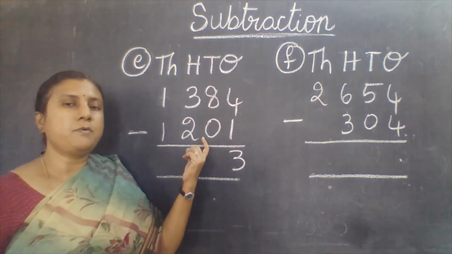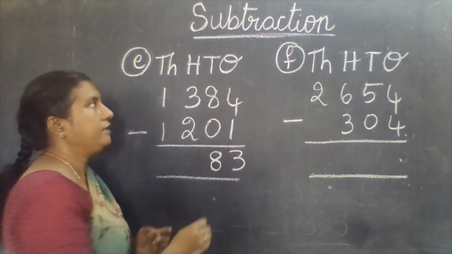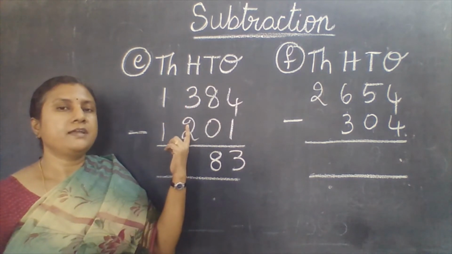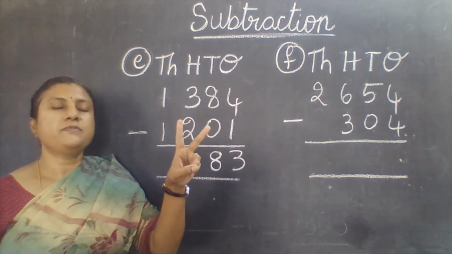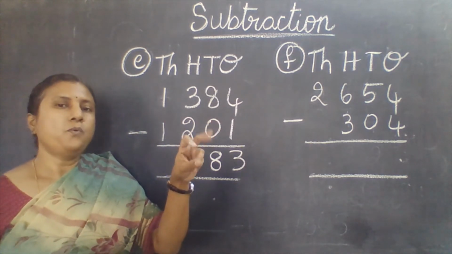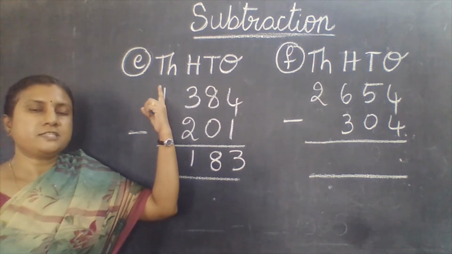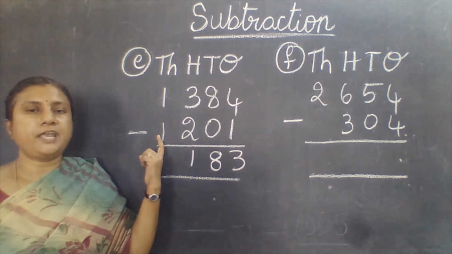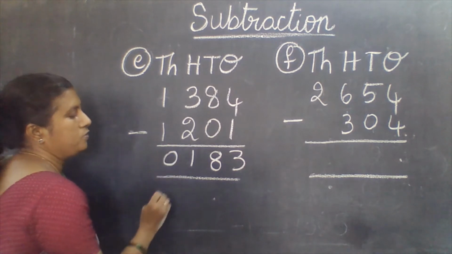According to 0 property, the difference will be 8 only. Next we have to go to hundreds place. 3 and 2 are there to subtract. So 3 in your mind, 2 in your fingers. Before 3: 2, 1. What is the answer? 1. Next we have to go to thousands place. 1 and 1 are there to subtract. According to same number property, the difference will be 0.